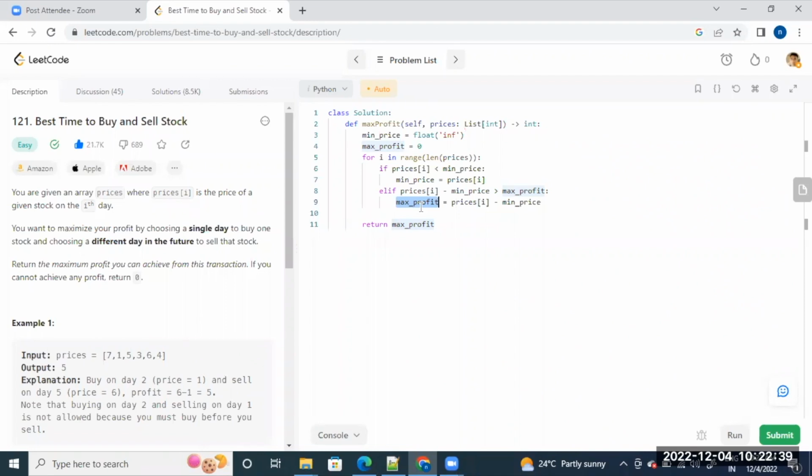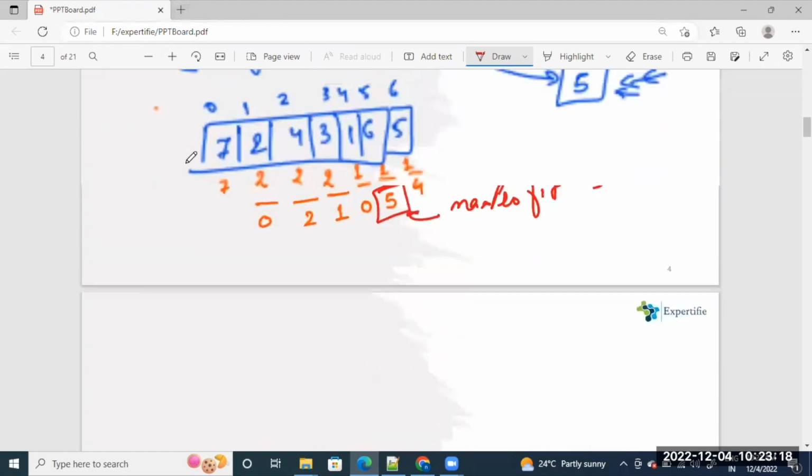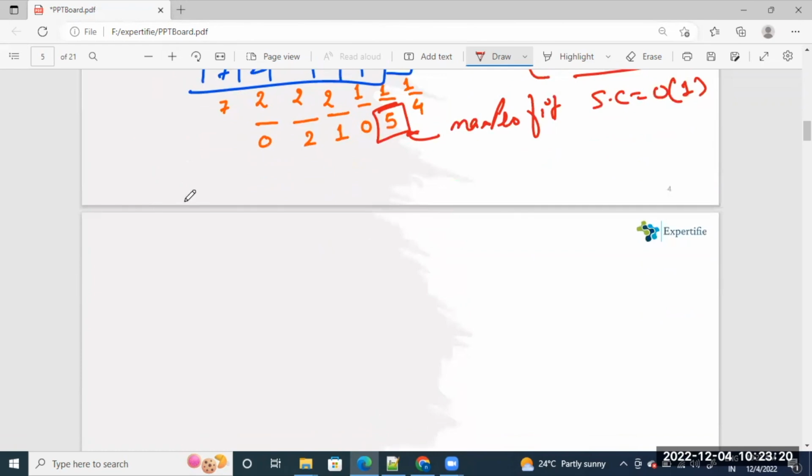Let's move to the next problem, where we can hold the stock at most once, and then we can sell it. Let's see what I mean to say. For example, the same example, 7 1 5 3 6 4, indexed 0, 1, 2, 3, 4, 5.